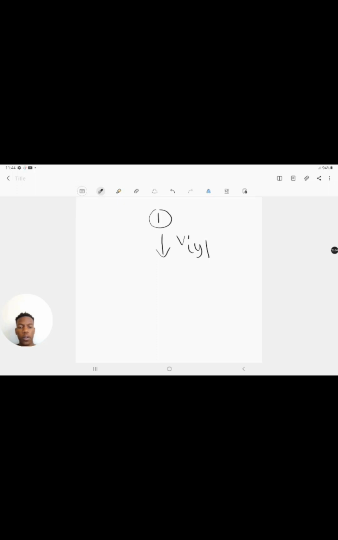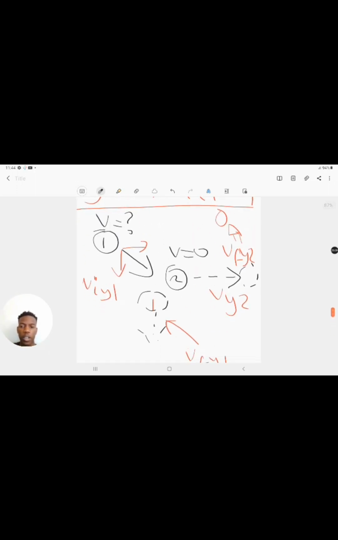This is ball number 1, right? Remember, initially it's not really moving vertically. Ball number 1 is moving at an angle, but we are pretending as if it's moving vertically because we're only concerned with our momentum in the y and the x direction, right?